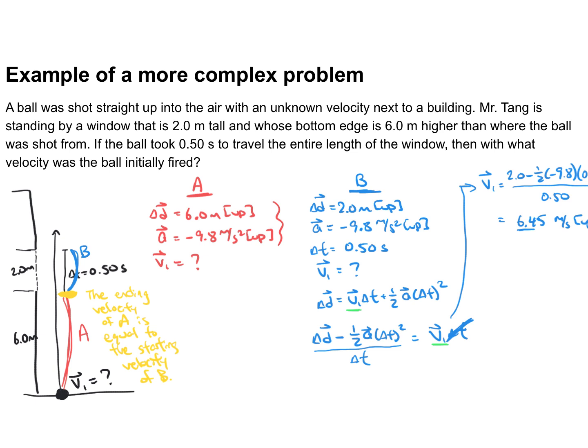All right, so what do we do with that? Well, the 6.45 meters per second, that's how fast the ball is going at the yellow mark in my diagram. That's the starting velocity at B, but it's also the ending velocity at A. So I'm going to take that number and transfer it to my list of variables here for part A. I'm going to call it the ending velocity.